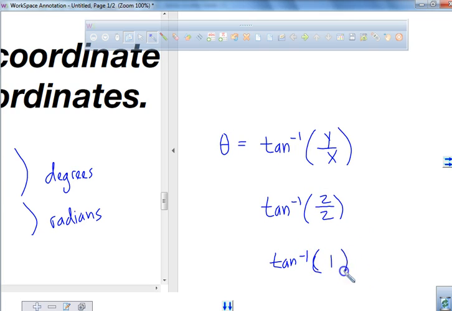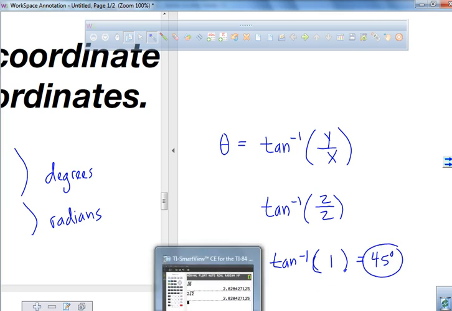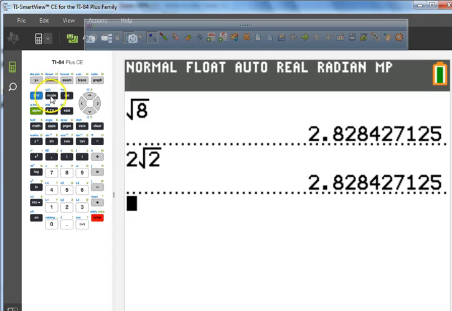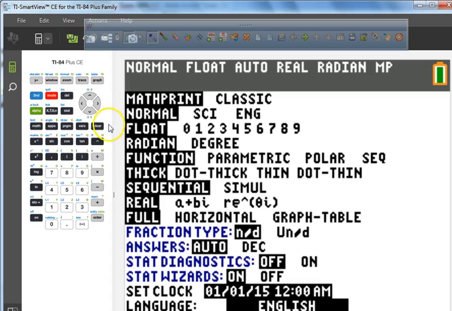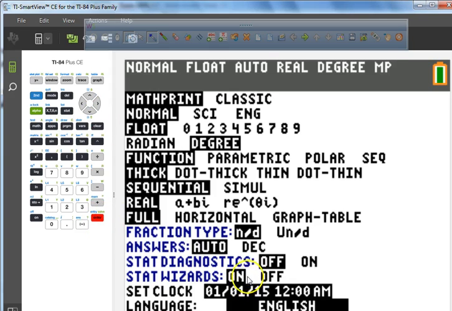And when you type that in the graphing calculator, if it's in degree mode, you will get 45 degrees. So I'll just type that in right now, make sure my mode is in degrees. There we go. There's degree mode.